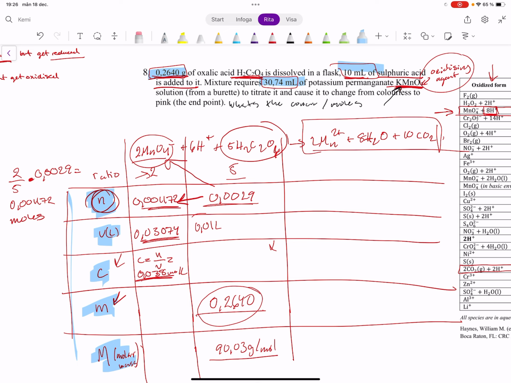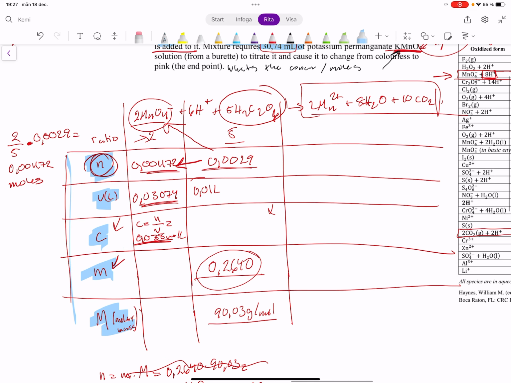Look at what they're giving you. They're saying this amount of grams of this substance, so that you don't mix them up, so you don't write that you have this mass for potassium permanganate. You just have to read the question clearly, and then fill out the information.